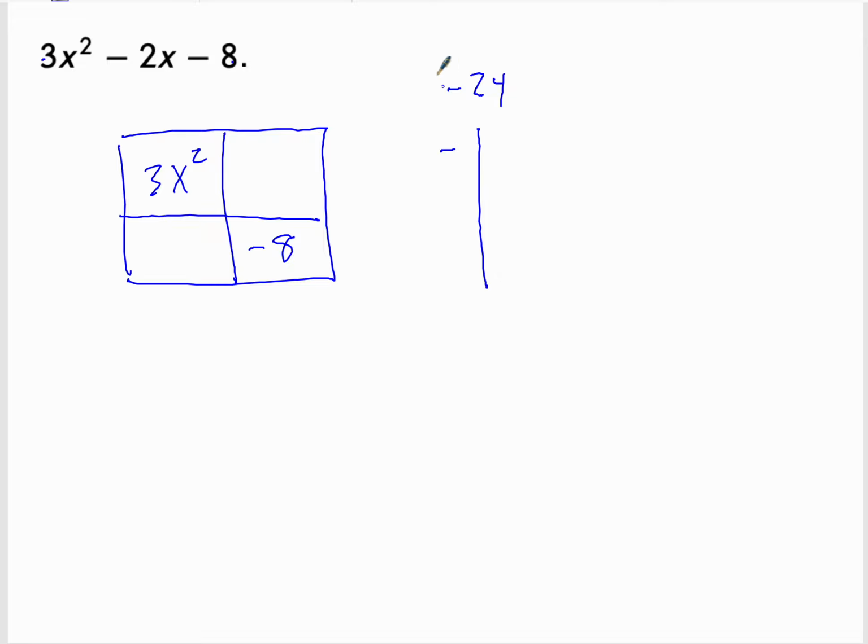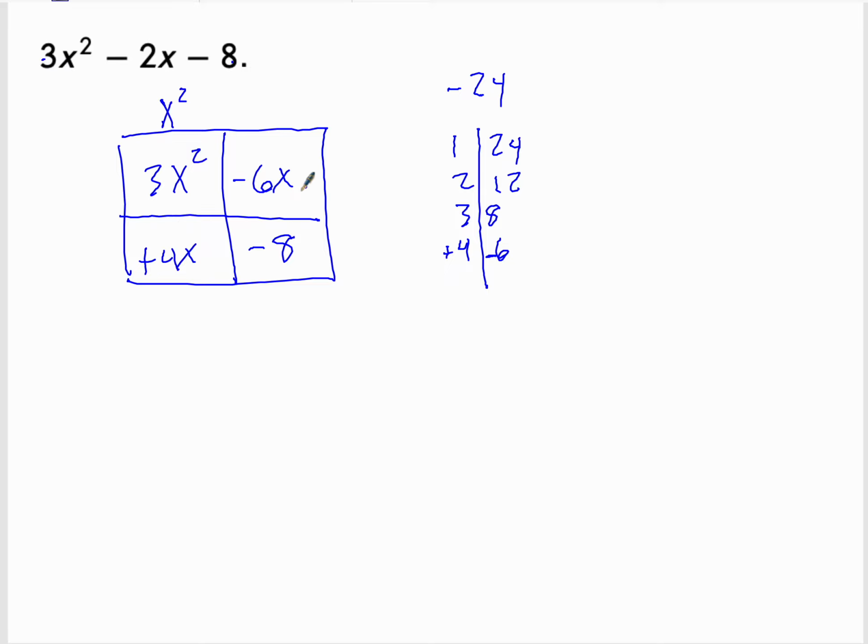So 1 and 24. I keep wanting to put negative signs on there. So 1 and 24, 2 and 12, 3 and 8, and 4 and 6. So what two numbers can multiply to negative 24 and add to negative 2? Well, I can have a negative 6 and a positive 4. Negative 6 and a positive 4 would do that. So minus 6x and plus 4x. Common factors of 3x squared and 4x would be x.